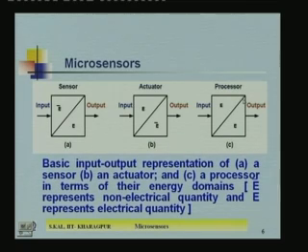So, a processor changes input, which is in electrical form, to output which is also in electrical form, but maybe the amplitude or frequency is changed at the output, okay, depending on the block which you are going to use. So, these are the 3 blocks which transform some quantity of energy into another form of energy.